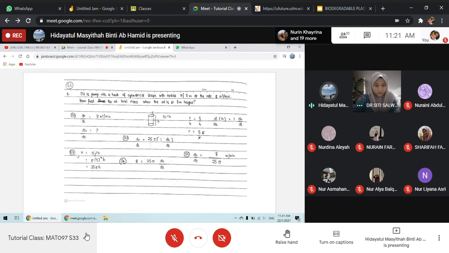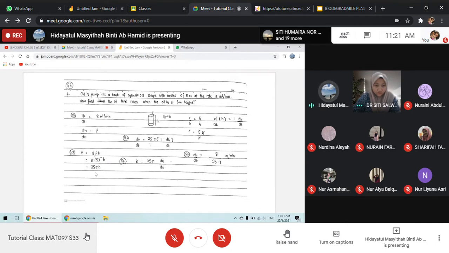So my second step, saya bawa keluar formula cylinder, which is V equals pi r squared h. So saya bawa masuk dia punya radius 5 meter and I got 25 pi h.